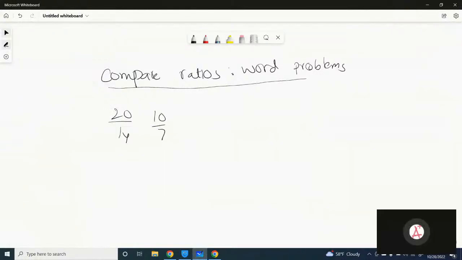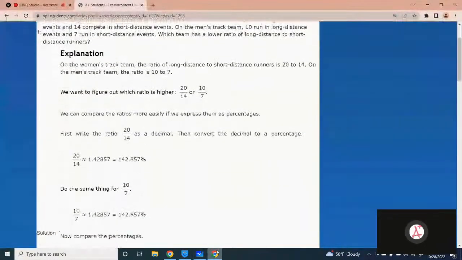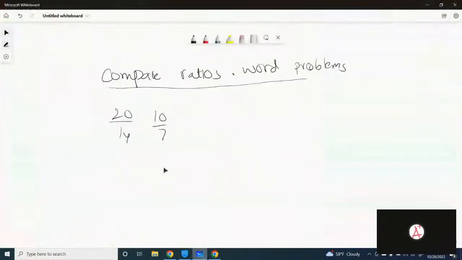So what you have to do is 20 by 14. Just use the calculator, 20 divided by 14 would be 1.428.